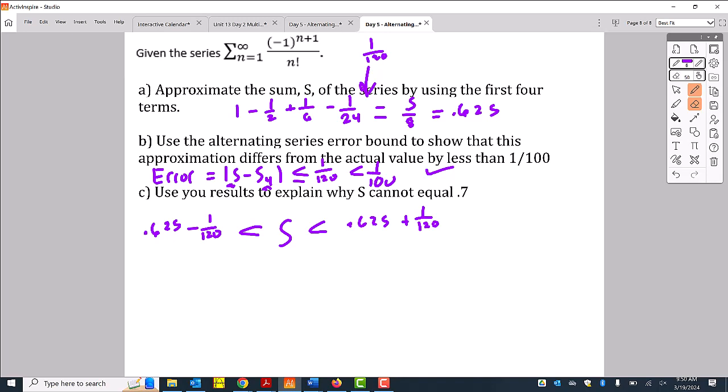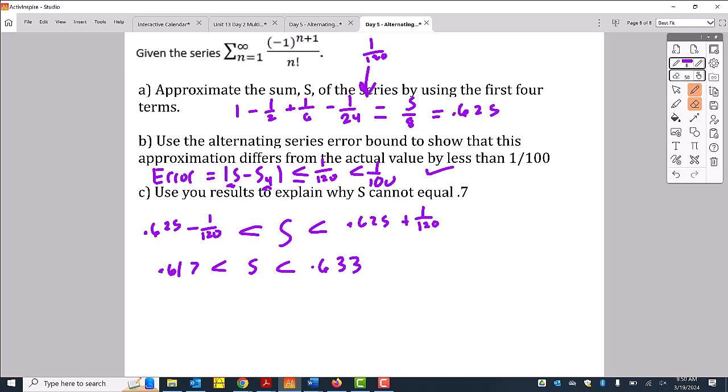Our sum has to be somewhere between there. So if we actually add those up, we get 0.617 as the lower bound and 0.633 as the upper bound. So our sum has to be somewhere between those values.